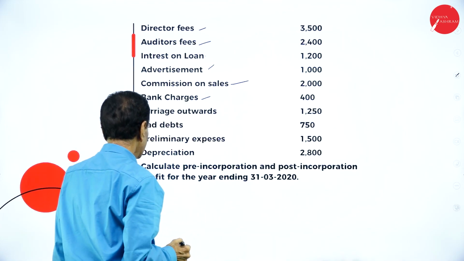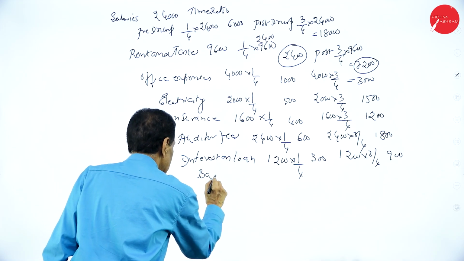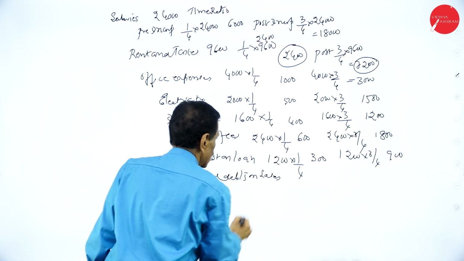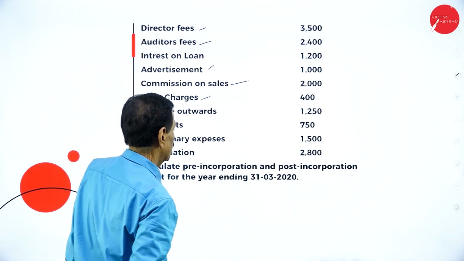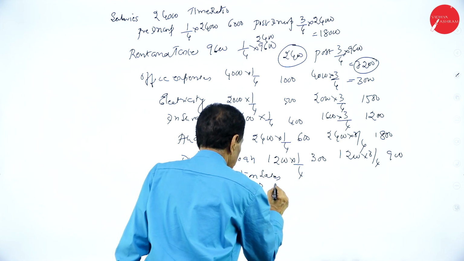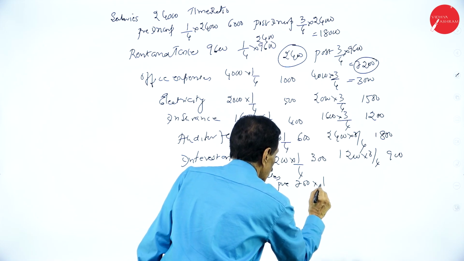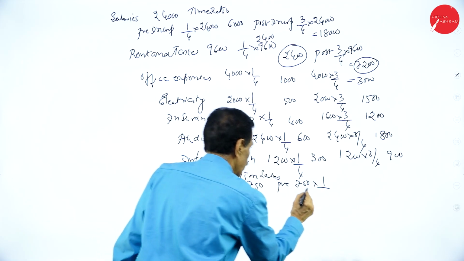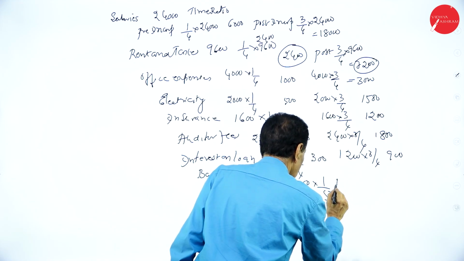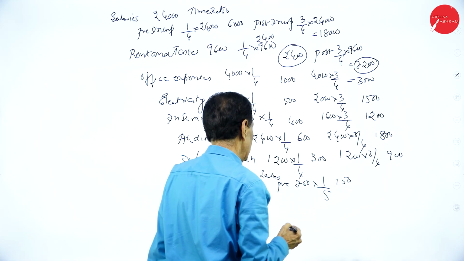So bad debts on sales. What's the bad debts? 750. Pre: 750 into 1 by 5, 150.